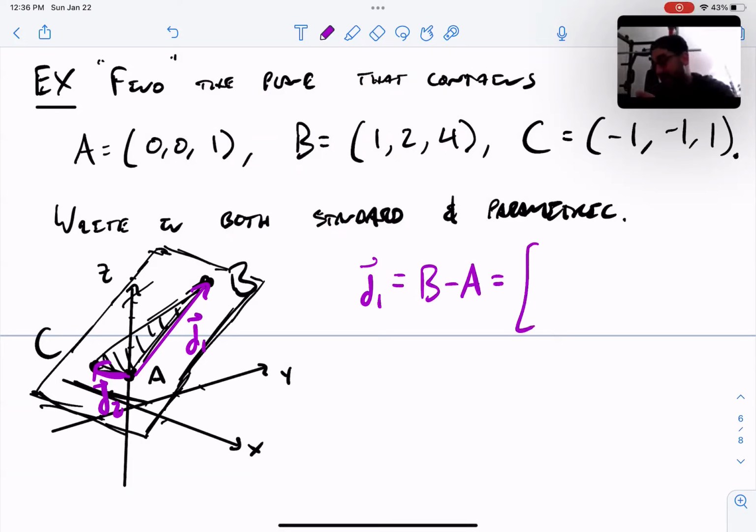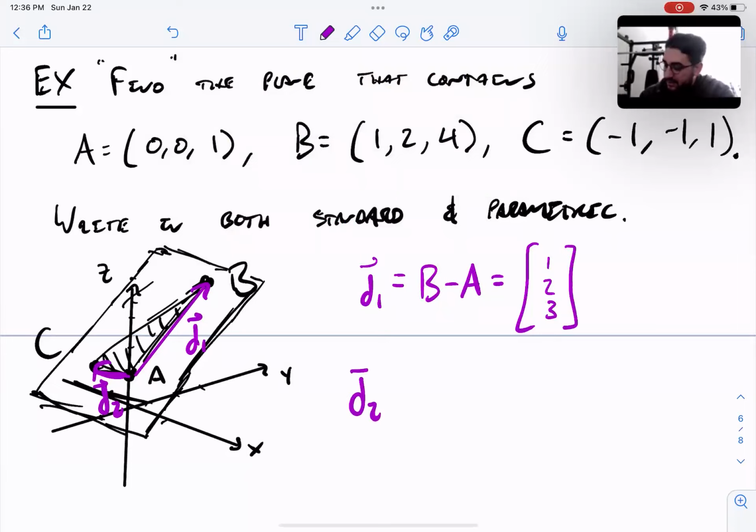So their difference is 1, 2, 3. And then for D2, we'll take C minus A, just like I have drawn here. So for D2, we get -1, -1, 0.